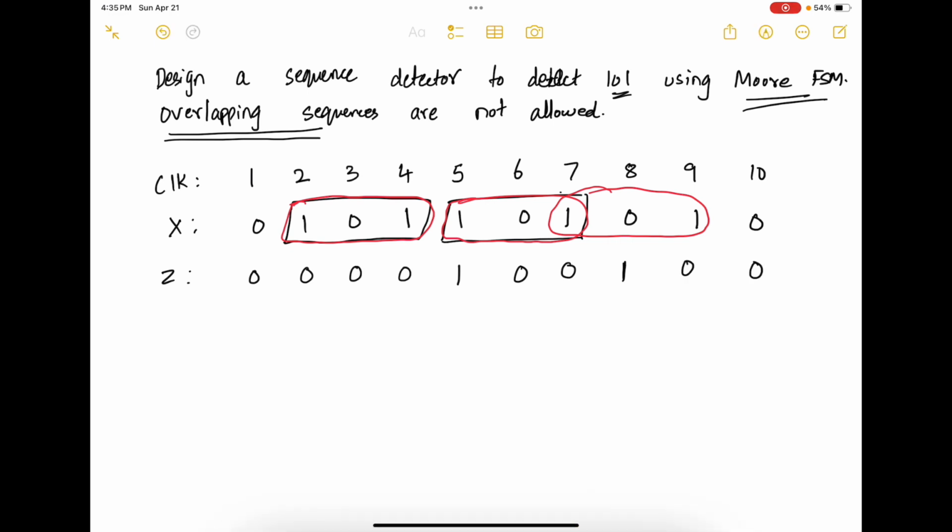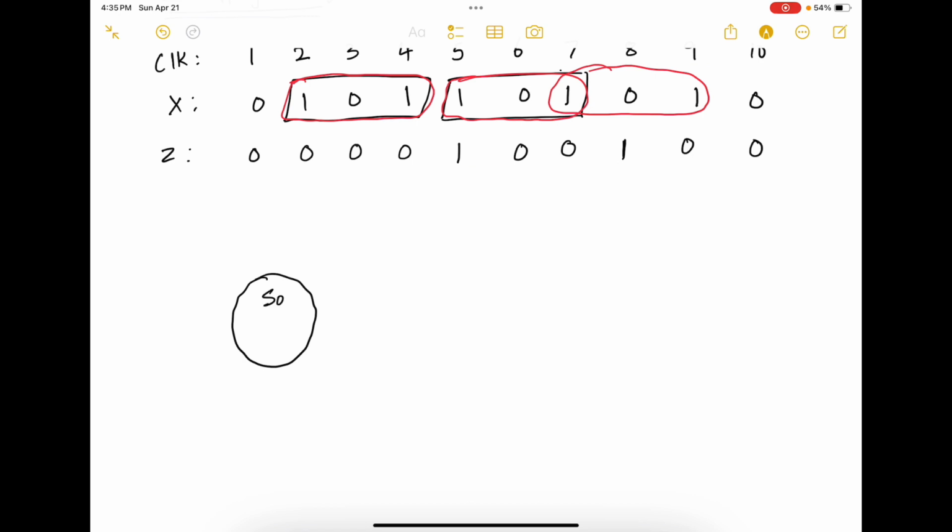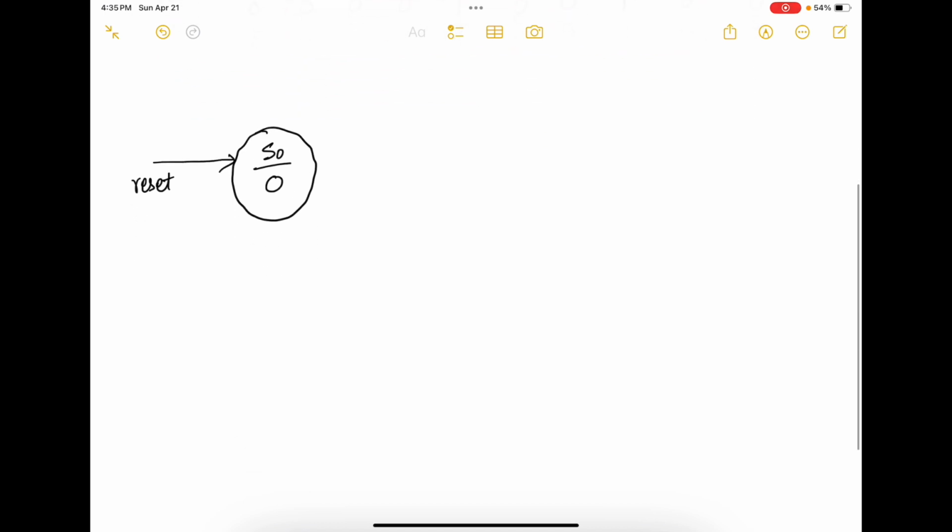Now let's construct the FSM. Initially, when you hit the reset button, you go to the state S0 and your output is 0. So upon resetting the system, you are going to state S0. Here I'm going to write S0 can be reached if you are resetting the system.